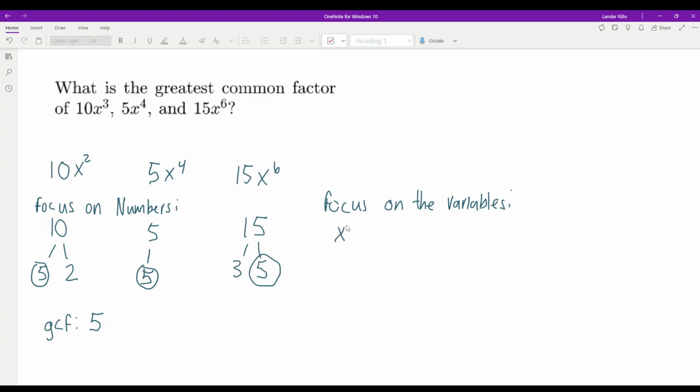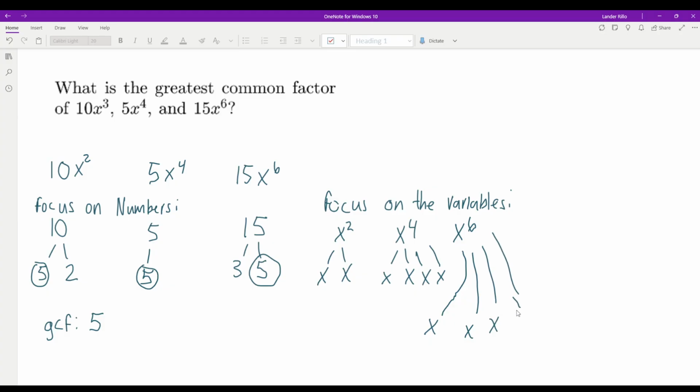Well, we have x squared, x to the power 4, x to the power 6. You can do it traditionally, the longer way, by breaking them up, all the x's, and then here's the 6's. It's a lot.